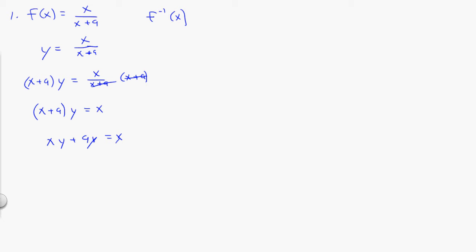Now remember, I want to get x by itself, so I move this x over. Let me write this better. So x times y plus 9 times y equals x. I'm trying to get x by itself, so I want to say x equals something. So I want to take that 9y and move it over there.